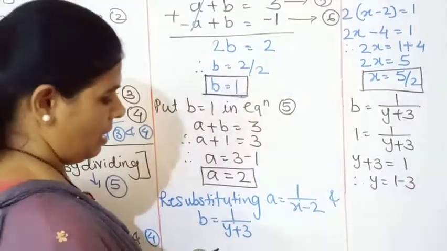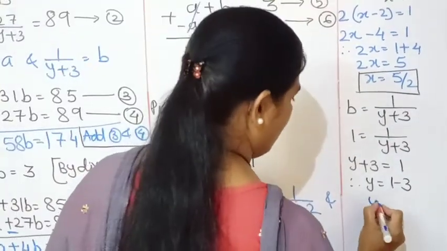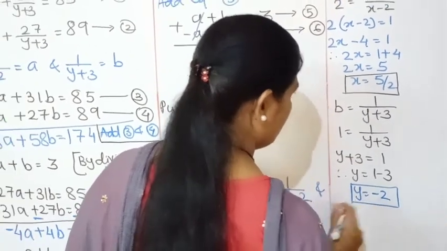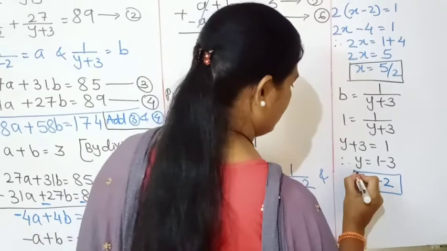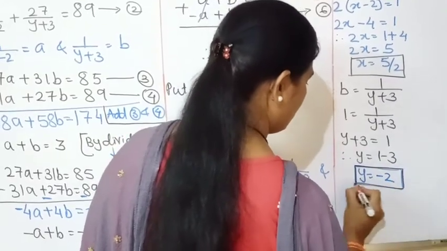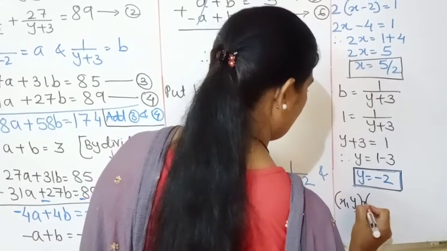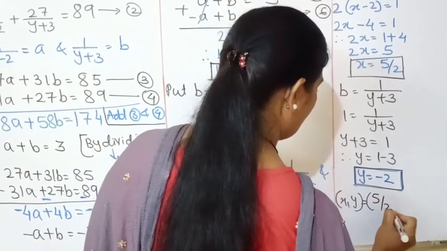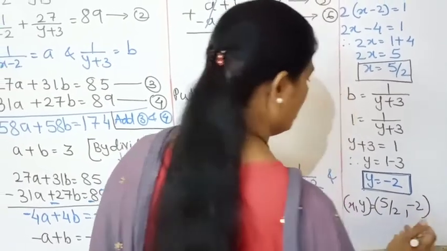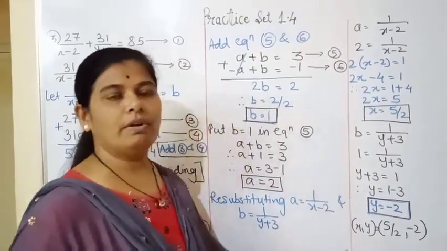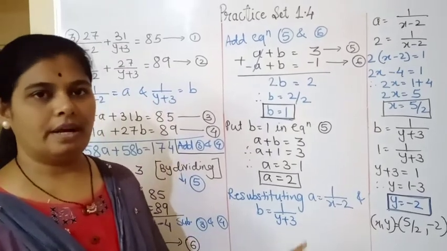Plus 3 will become minus 3 and you will get the answer, that is y equal to minus 2. So this is our solution of the given equation. So x comma y, that is 5 upon 2 comma minus 2, is the solution of the given equation. So in this way we can find the values of x and y.